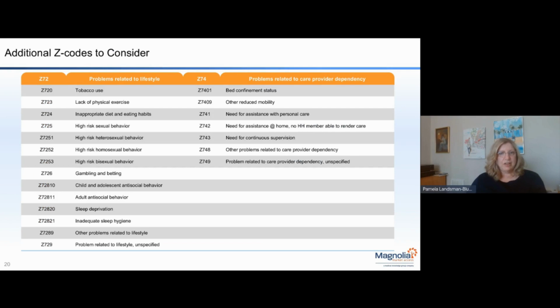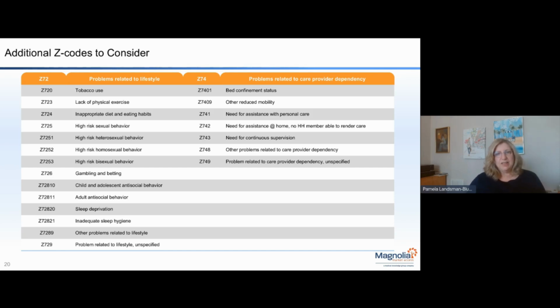There are additional Z codes you might want to consider that don't fall under social determinants of health, and these are Z72 and Z74. So Z72 are problems related to lifestyle. You can see things such as inappropriate diet and eating habits, high-risk sexual behaviors, inadequate sleep.